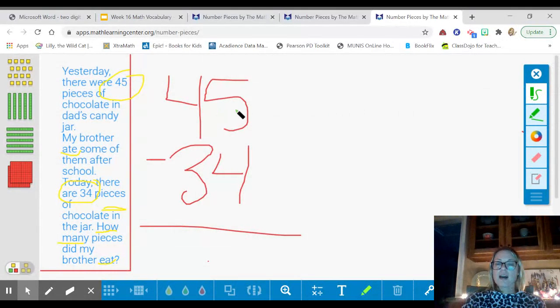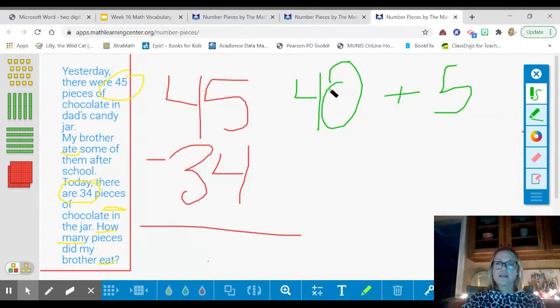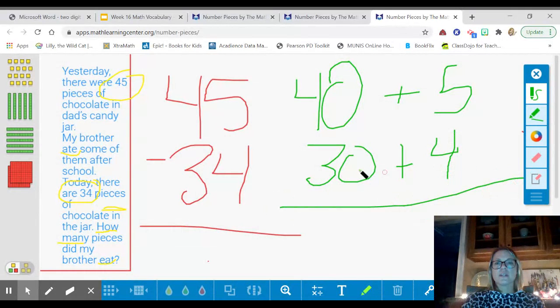Now, 45, expanded form, 40 plus 5, okay? And then 34 is 30 plus 4, and we are going to subtract. Always start in the ones place. That's right, boys and girls.